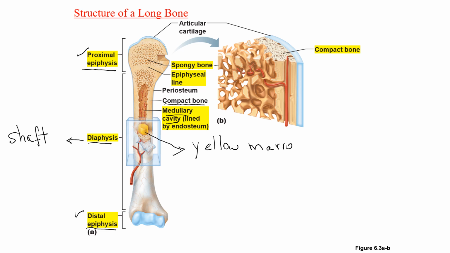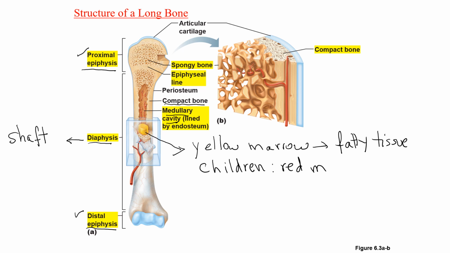Yellow marrow is a fatty tissue. In children, the medullary cavity is filled with red bone marrow, which is hematopoietic tissue.